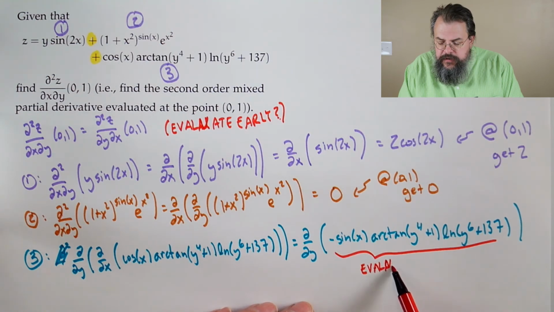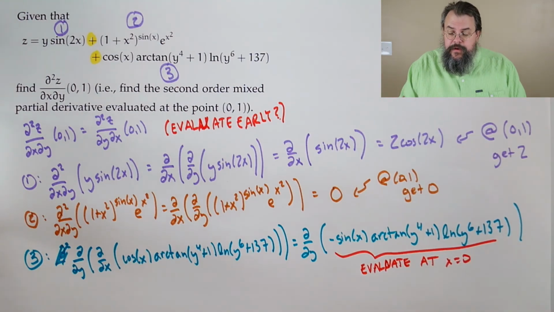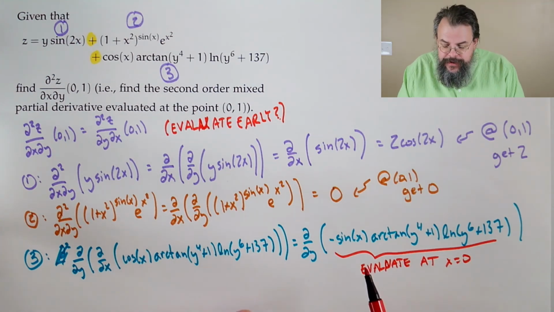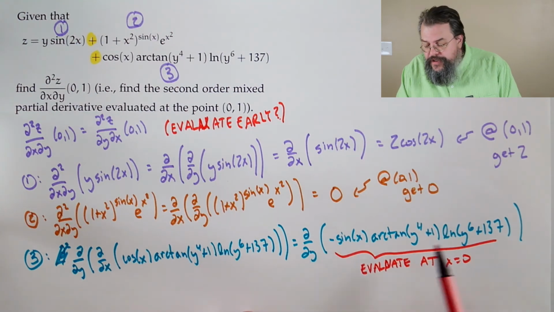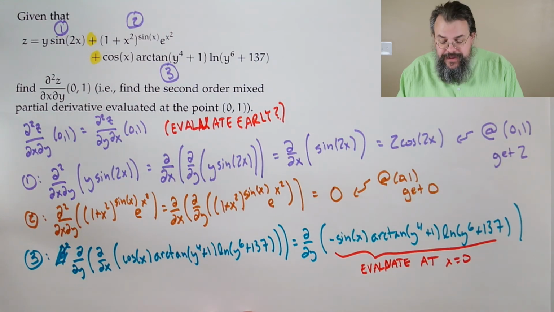So we're going to evaluate at our choice, x equals 0, because that's where we're after. We're at the point (0, 1). And what happens when you plug 0 in? Well, you get sine of 0, which is 0, times all this other stuff, but 0 times stuff is 0.